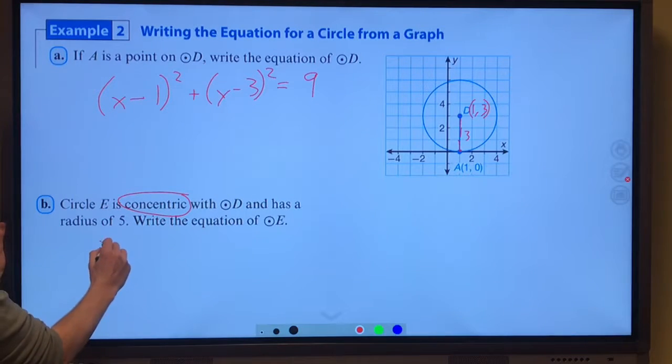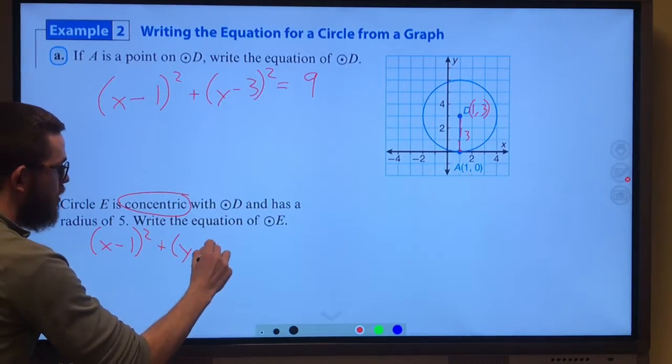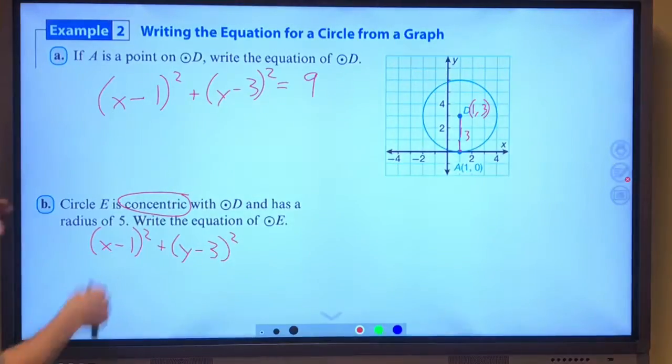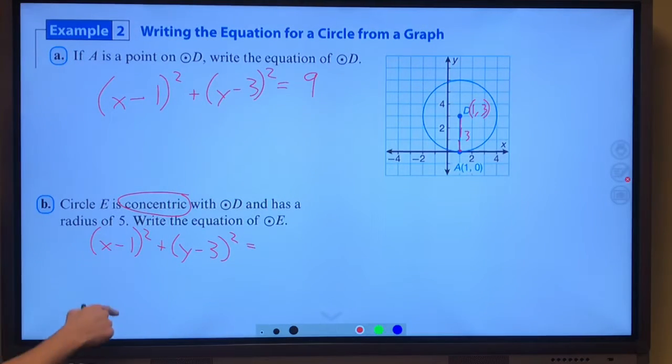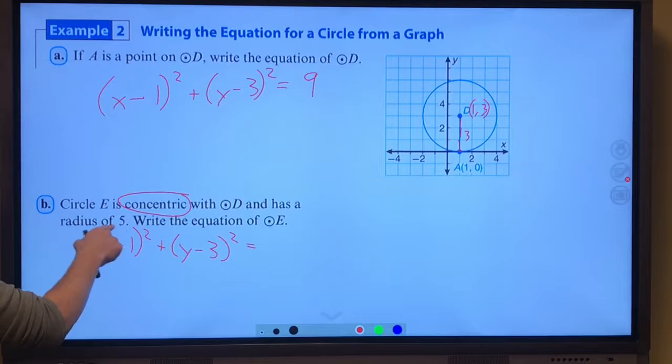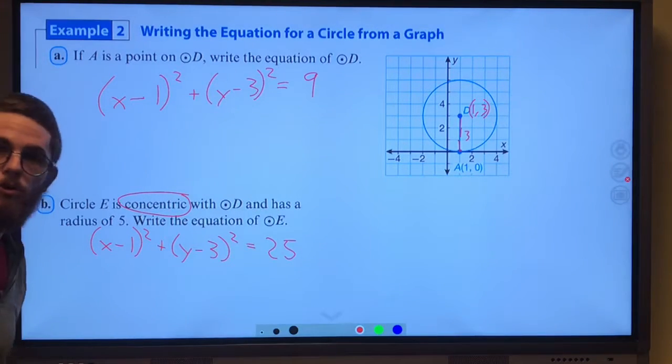So (x - 1)² + (y - 3)² stays the same because they have the same center point, but instead of a radius of 3, we have a radius of 5. 5 squared is 25, so we set this equal to 25.